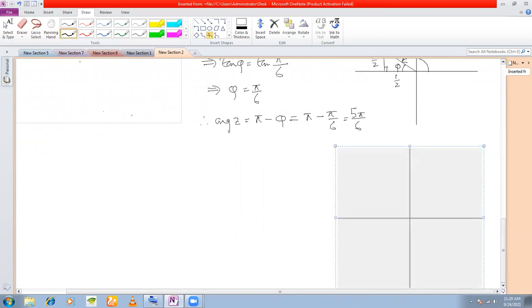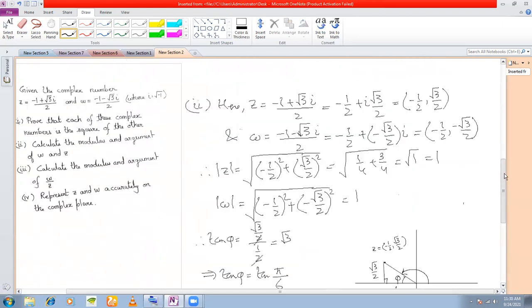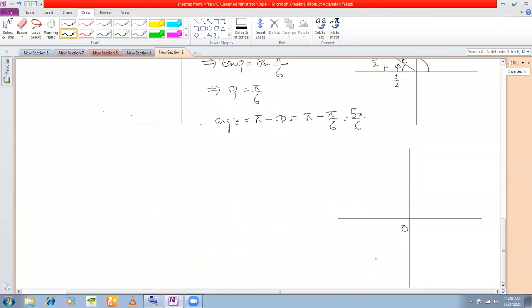Again, in the Argand plane, you try to locate the point minus half, minus root 3 by 2. So this clearly will be somewhere over here. Omega is equal to minus half minus root 3 by 2. You join this, and from here you drop a perpendicular. If I call this angle phi, let's call it some other symbol, psi, because phi we have used above.